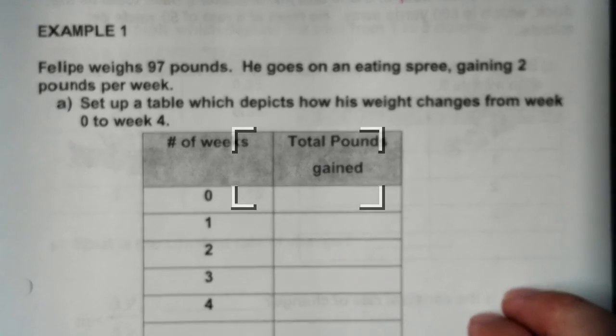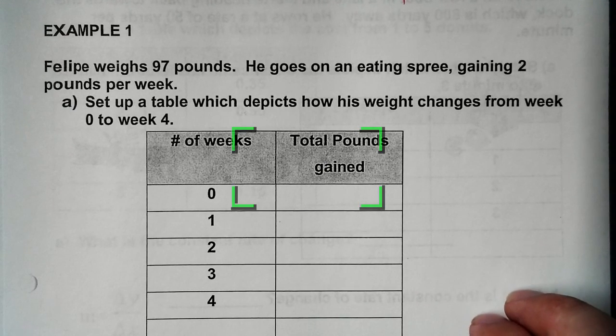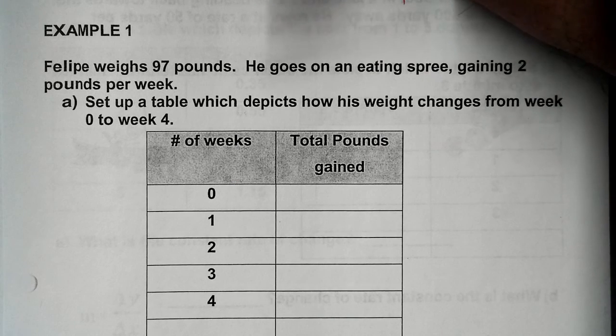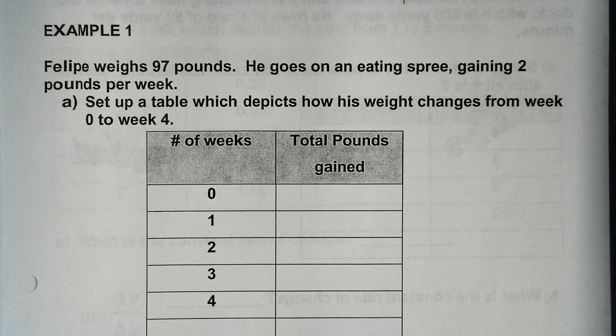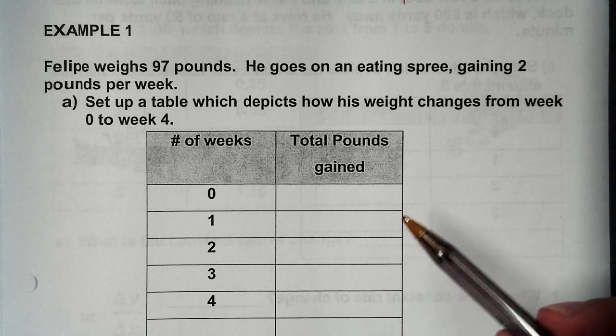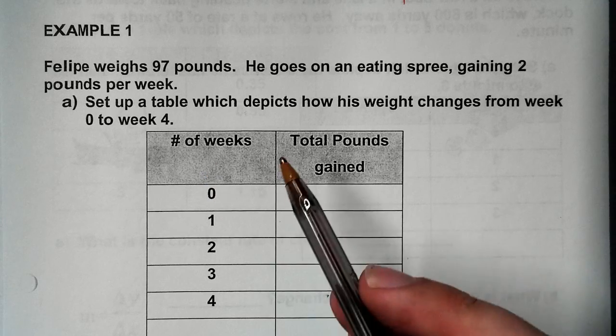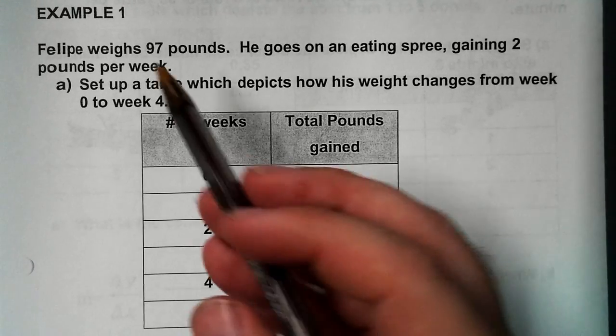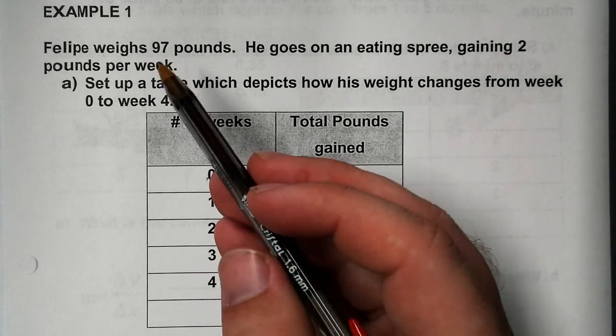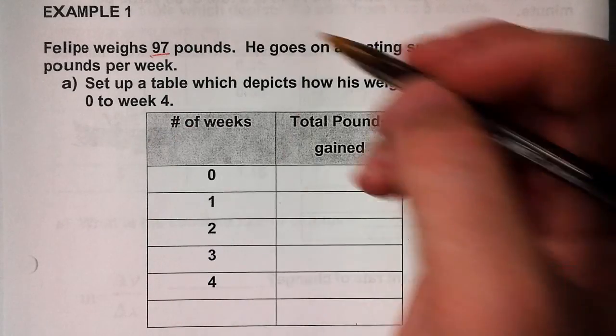Example 1, Felipe weighs 97 pounds. He goes on an eating spree, gaining 2 pounds per week. It says, set up a table which depicts how his weight changes from week 0 to week 4. Well, at week 0, that's our initial value. He's at 97 pounds, right?